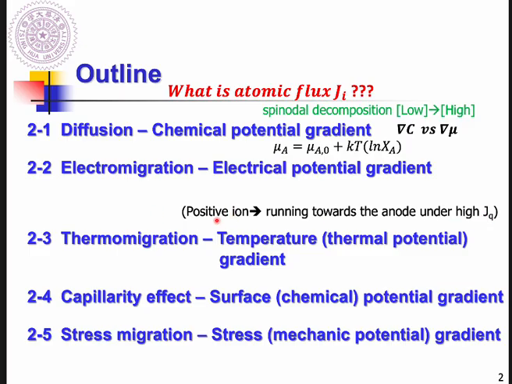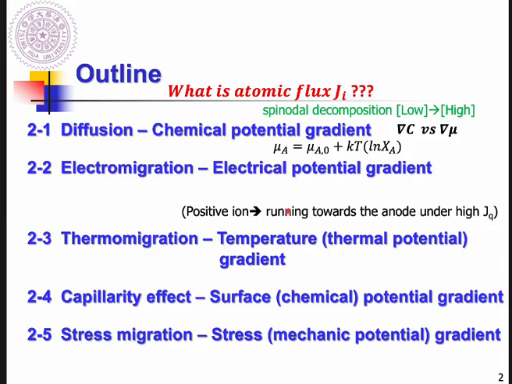They found some weird positive ions, for example metal ions with positive charge, run toward the anode, which also has positive charge. That is weird, right? In our sense, a positive metal ion would tend to move to the negative side, probably the cathode, right? So this is how scientists found that it was weird.